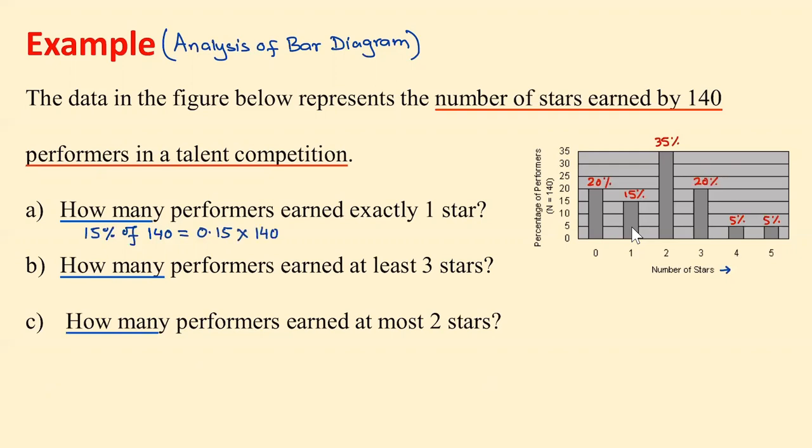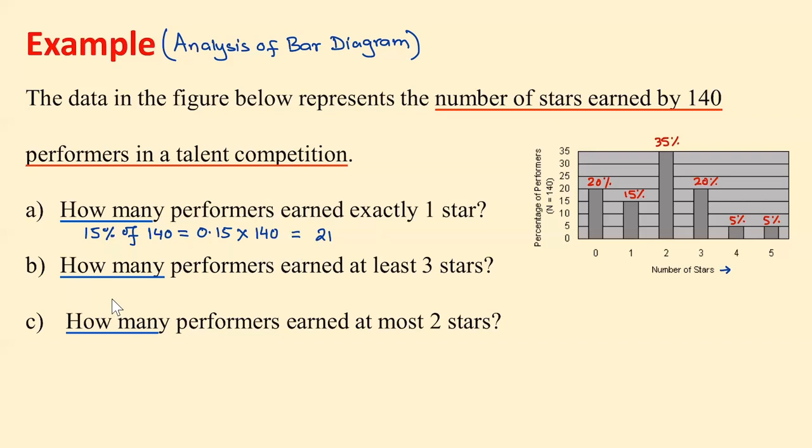So we need to multiply 0.15 by 140, which will be 21. That means 21 of them earned 1 star. Because we are looking for how many, that is a number, we have to change the percentage to a number by multiplying the percentage with the total number, that is 140 in this case.